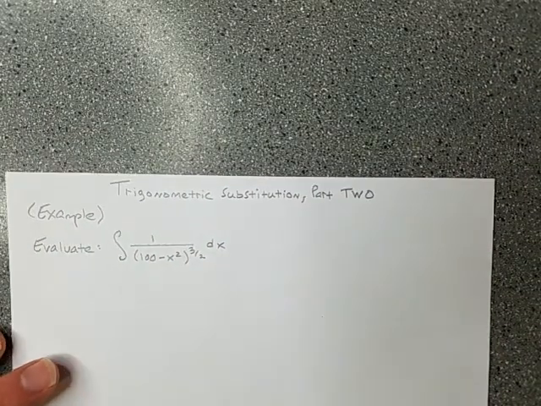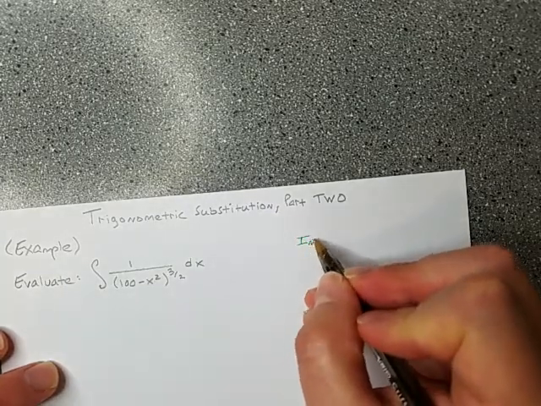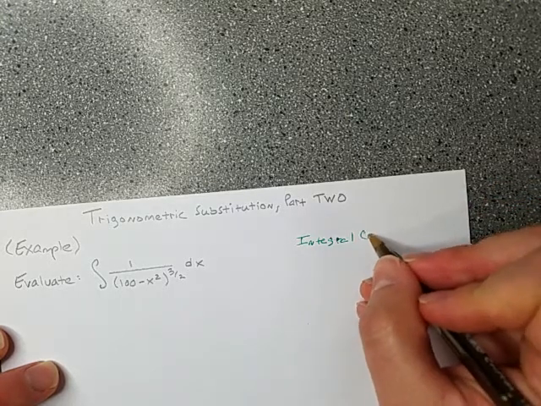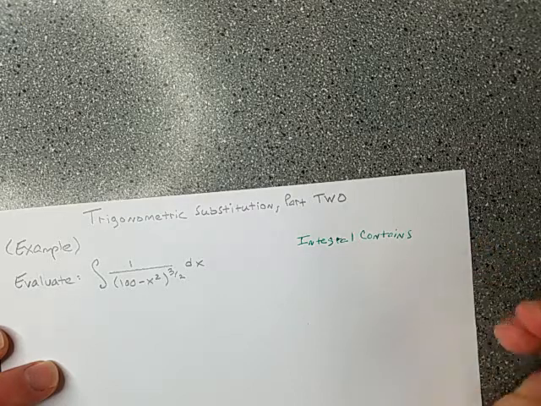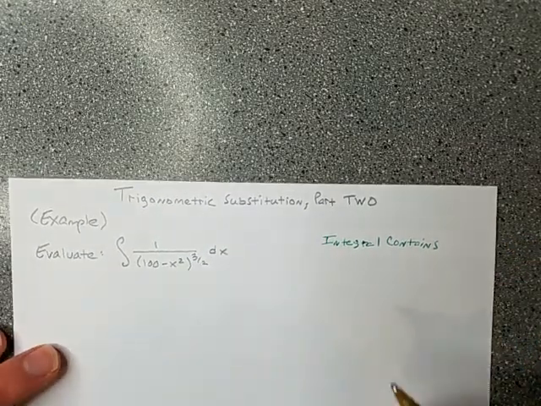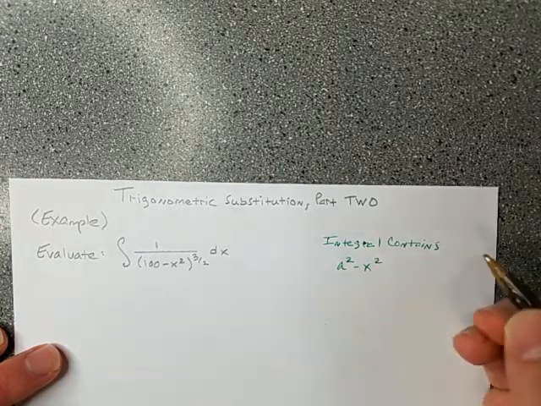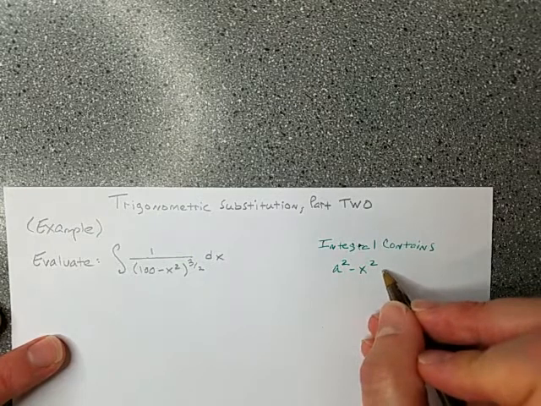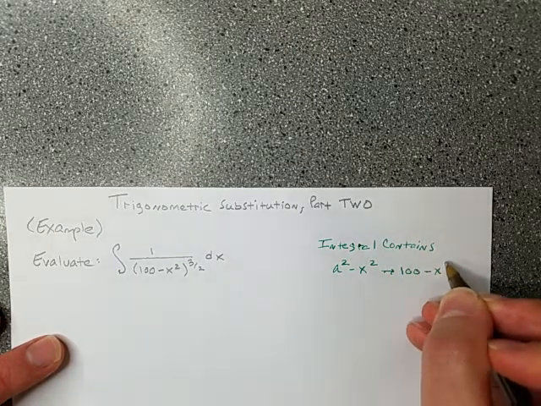Let me write something down. Okay? So my integral contains, to use the same wording that I had there on my other paper, a squared minus x squared in the form of 100 minus x squared.